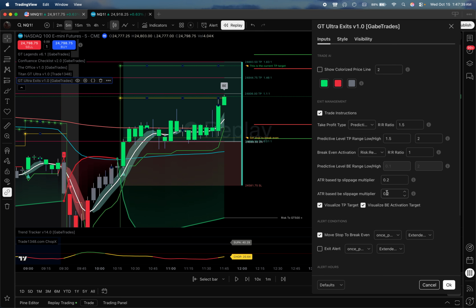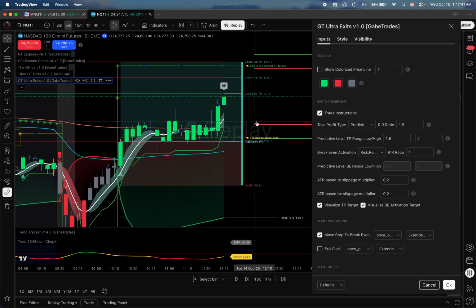And you can also set a slippage multiplier for this one if you had set this to a predictive level instead. But this is where a 1-to-1 is. Price action reaches 1-to-1. Now I can move my stop loss to break even. I can also set up an alert for this.